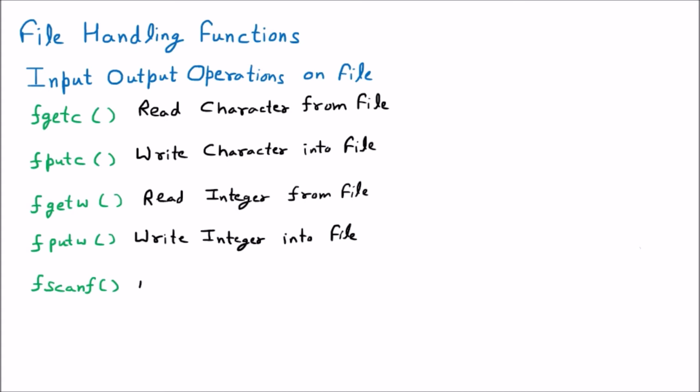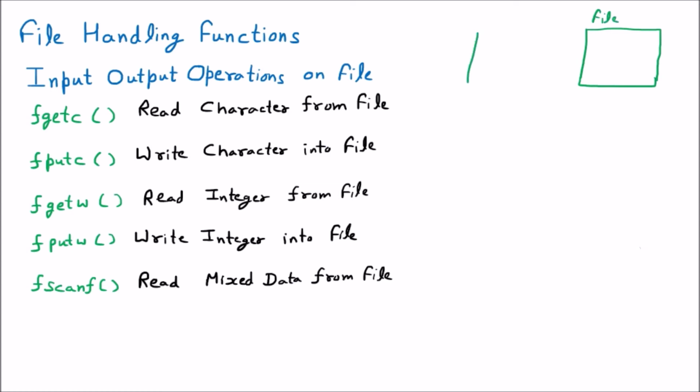So it is going to read mixed data from file. I am taking one example to make you understand what it is going to do. Let us suppose that we are having a file and we are also having a C program.